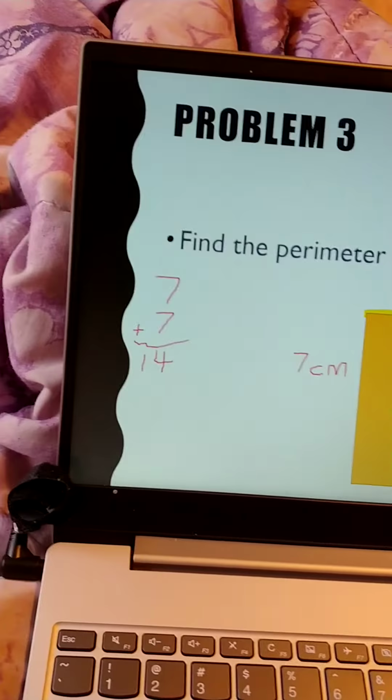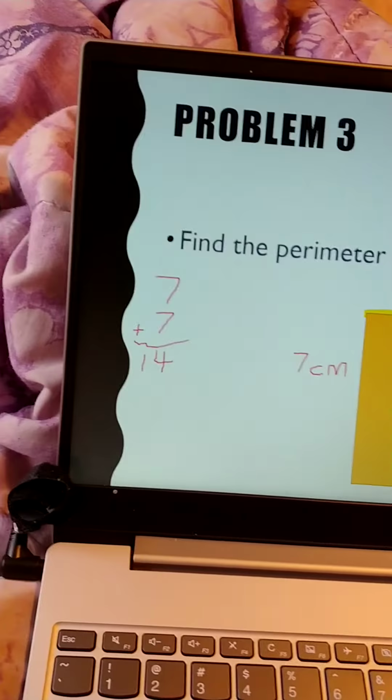So we add 7 cm plus 7 cm. All right. And this is a lot to add all at once.